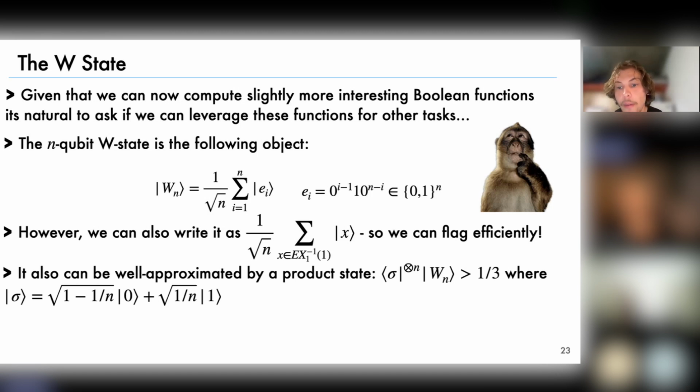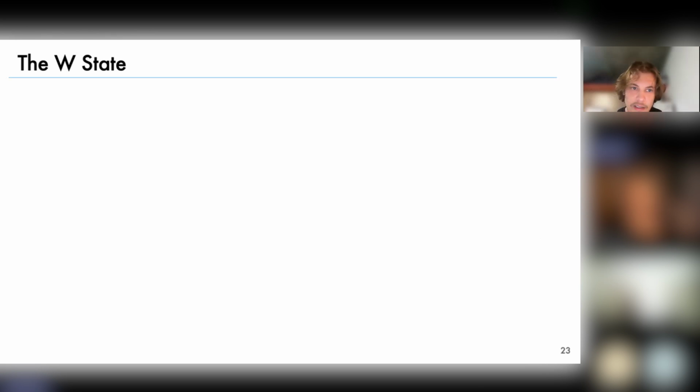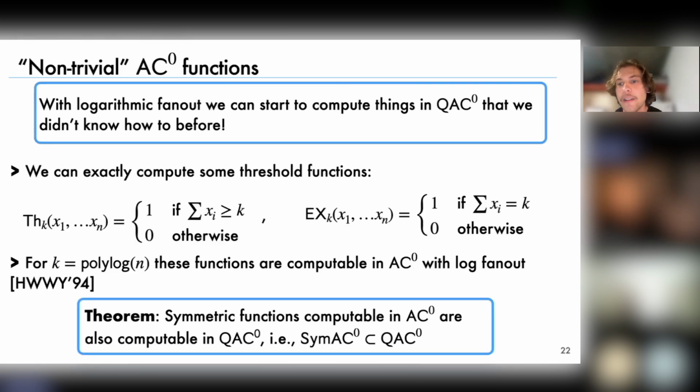I claim that this W state admits an easy to prepare approximation. In particular, the W state is well approximated by some product state, this thing I have written here, sigma. So we can prepare this product state in QAC0, and then apply the unitary that computes the exact 1 function, because this is exactly one of these functions guaranteed by the previous lemma.